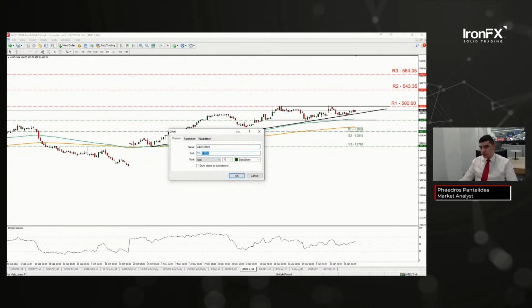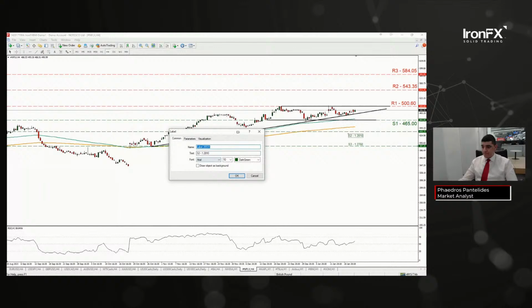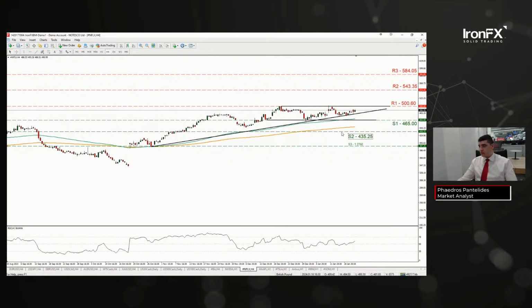RSI 58, some bullish tendencies, but would have to break above R1 for a bullish outlook to occur. So 465, that's S1. Then you have S2 at 435.25. And then for S3, 397.35.